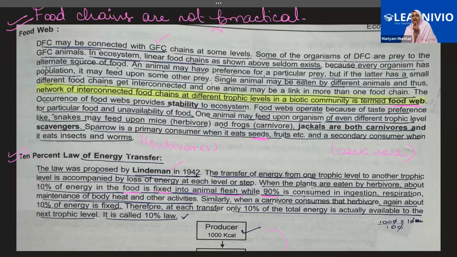See, if you write the whole entire thing, it's more descriptive. You'll know better. Okay, so write down the whole entire thing because it explains how the food chain is not practical, how the food chain cannot exist, and how the food web is a more practical approach.